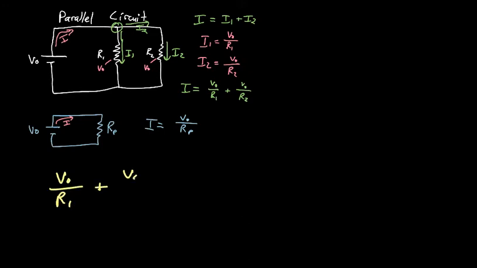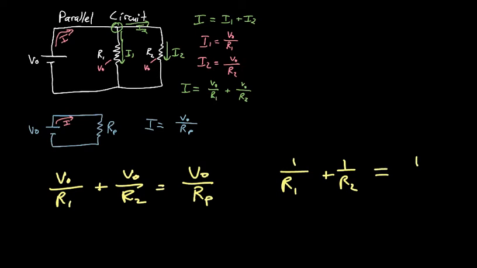We need the current to be the same either way, so we can set those two equations equal to each other. V0 over R1 plus V0 over R2 equals V0 over RP. Or if we divide everything by V0, we get 1 over R1 plus 1 over R2.